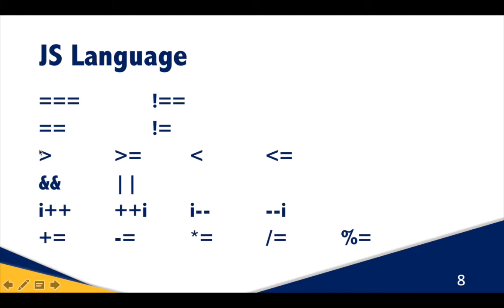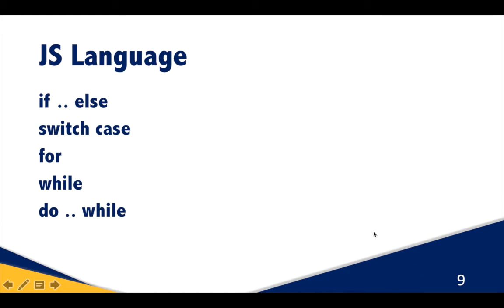And you will have the same greater than or equal, and other signs just like in other languages, and you have the double plus here for the increment, exactly the same as in other languages. You will have if, else, switch case, for, while, do while.